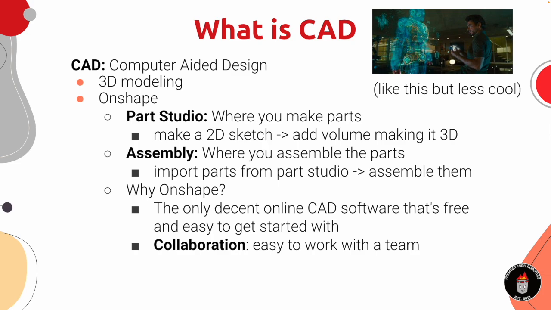People don't use Blender because, in my opinion, it's not really a CAD software. You can still probably create most things with it, but using Onshape for robotics is definitely a lot easier than Blender. So CAD helps us make very complex parts or very simple parts or just a system of parts, aka a robot, which is what you guys will be doing.